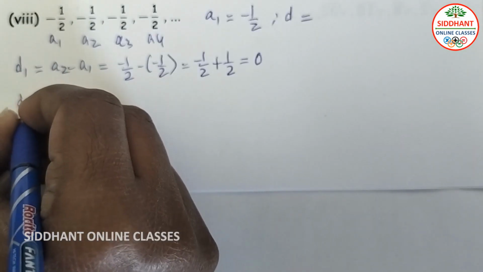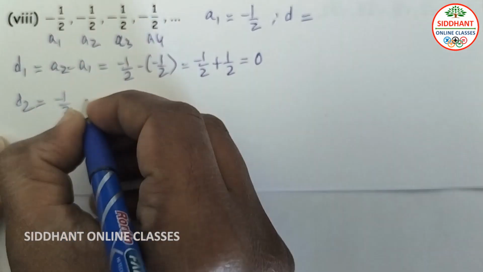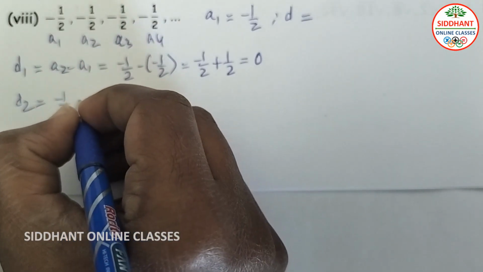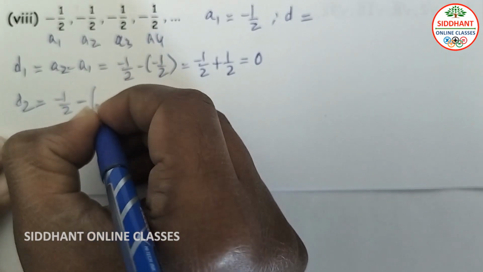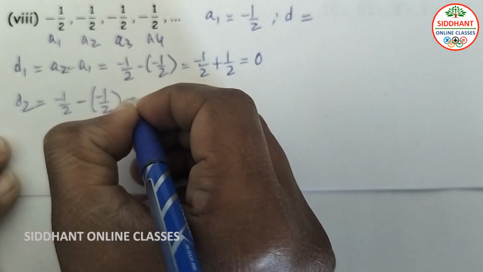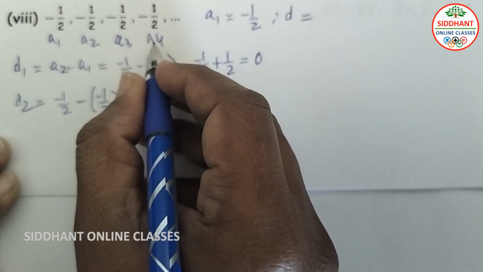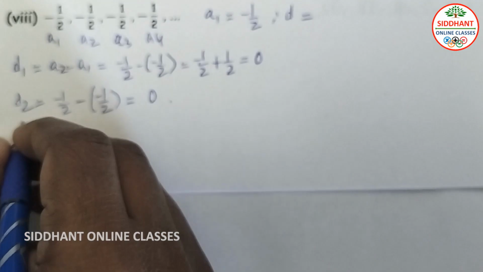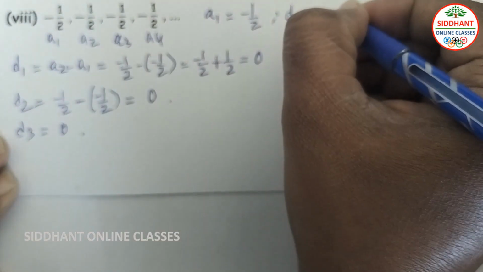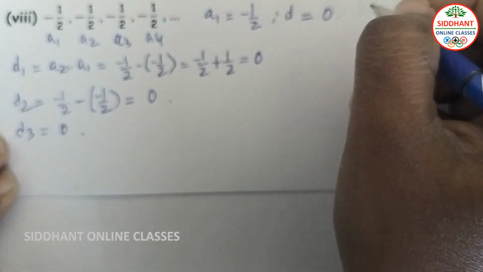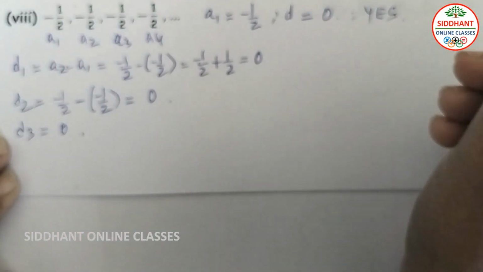So d2 is also the same, a3 minus a2, so that will be minus 1 by 2 minus of minus 1 by 2, so that will be 0. So a4 minus a3 we get d3, which is also 0 here. So the difference is common, that is 0, and we can say it is an arithmetic progression here.